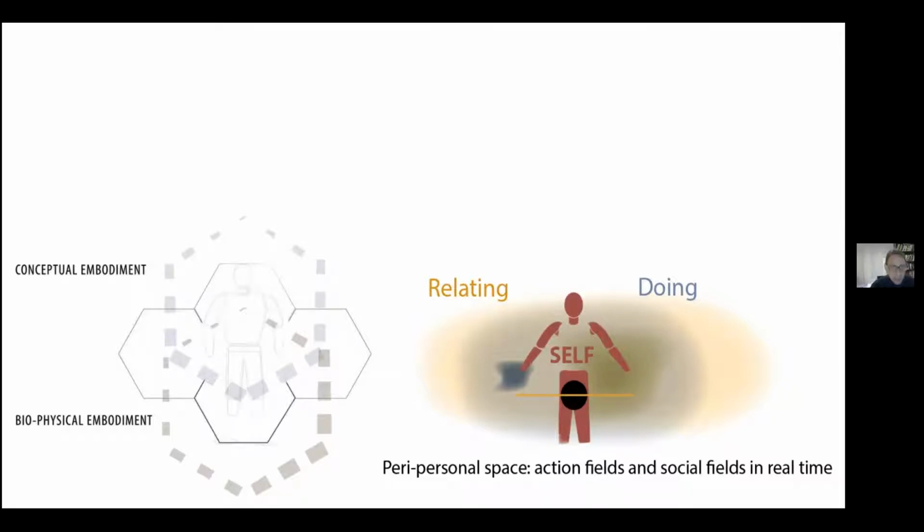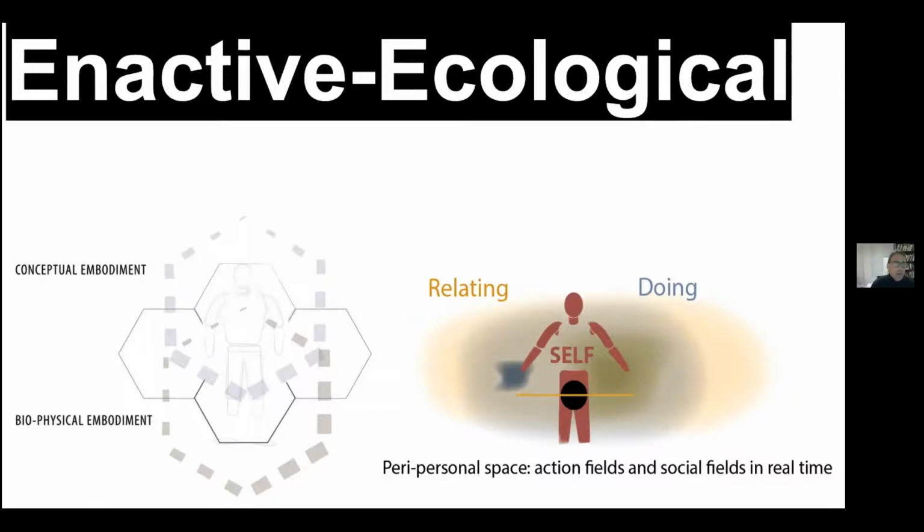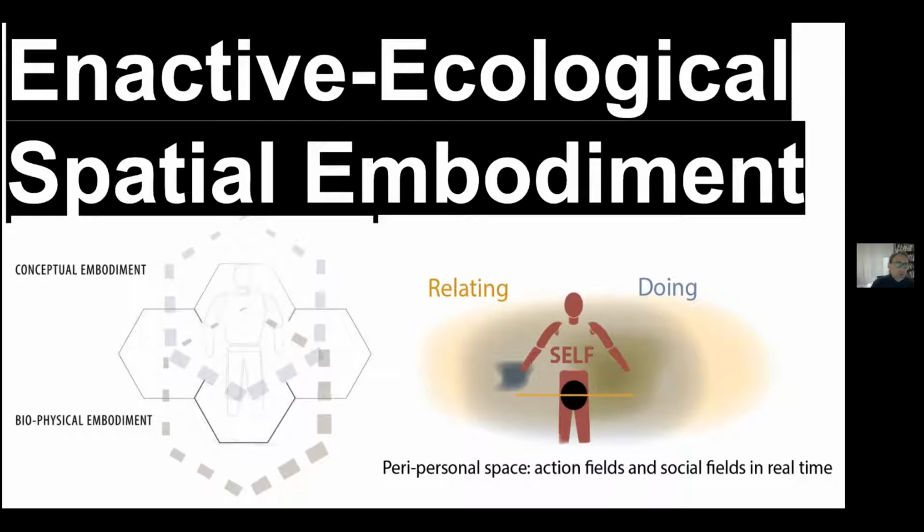Our sense of self is really a kind of construction in the modern world, but we also have a connection to the land which can be deeper. So I'm thinking about this in terms of these ways of inactive ecological spatial embodiment.